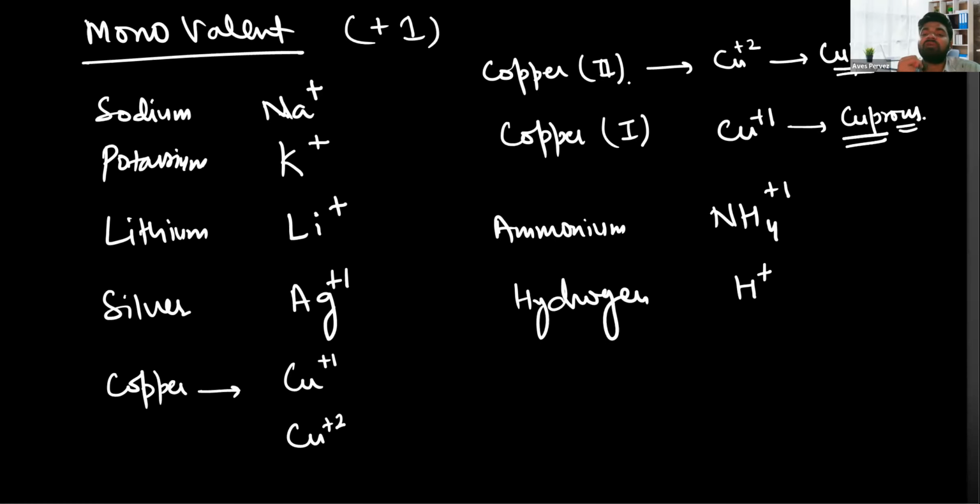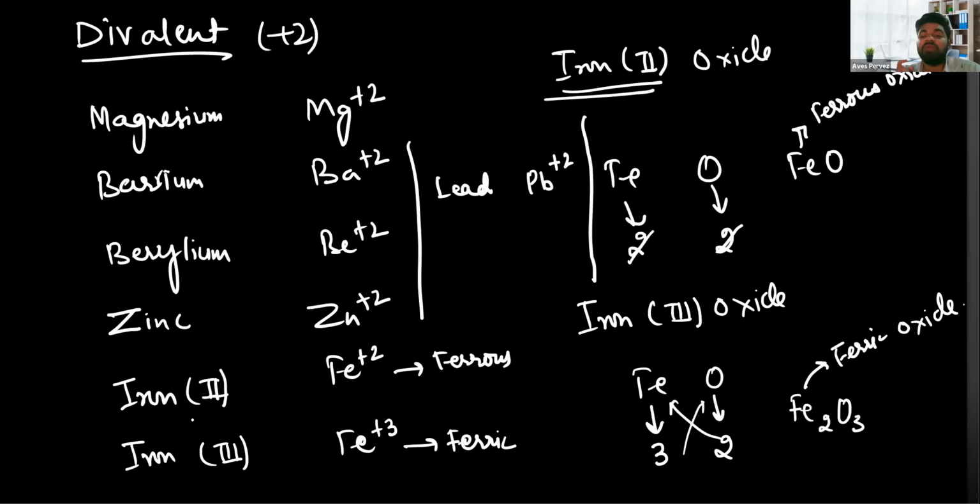If we have 2 and 1 valency, "ous" comes with the lower one and "ic" comes with the higher one. In case of iron, we don't have 1 and 2, we have 2 and 3. 2 is lower and 3 is greater, so "ic" is for the greater one and "ous" for the lower one. Understood? Noted?